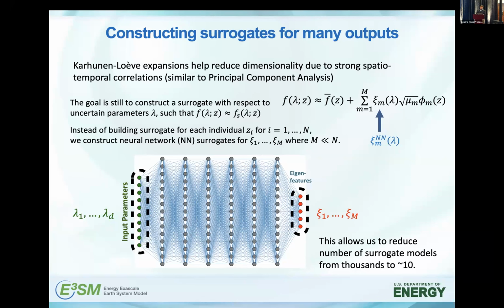And so we're building surrogate models of these eigenfeatures. And given those strong correlations in the data, we're able to capture most of the variance in those outputs with just a few terms, say 10, for example, and that allows us to reduce what we would have, depending on the spatial and temporal resolution of the outputs, going down from thousands of outputs to 10 or so.